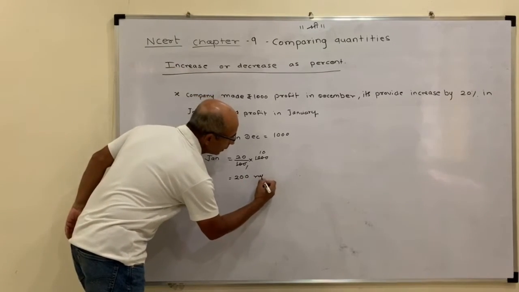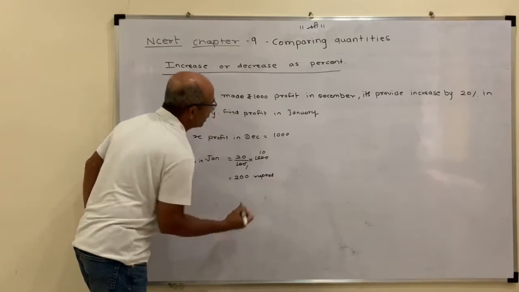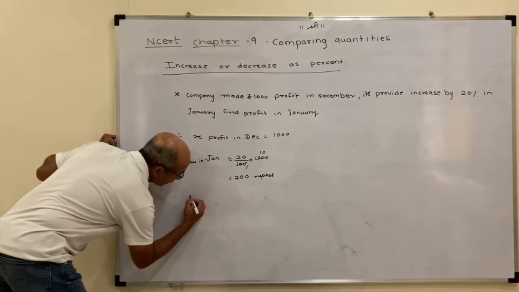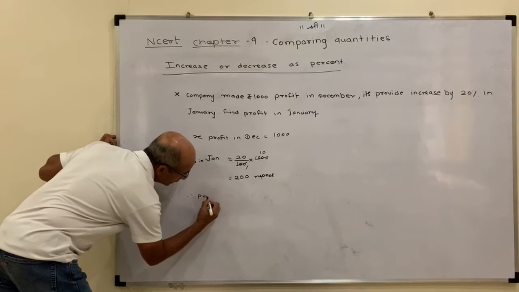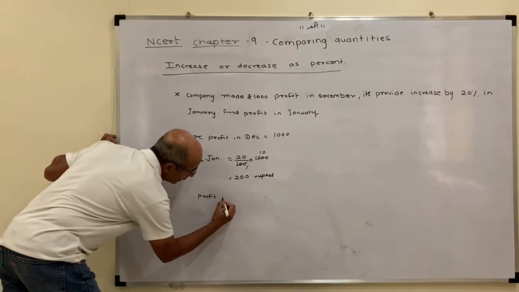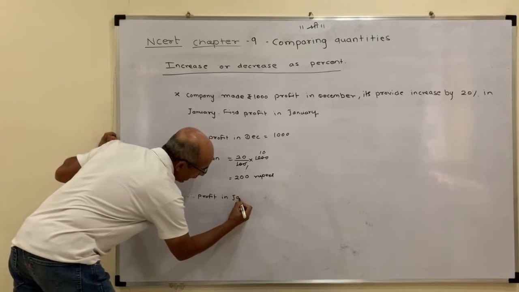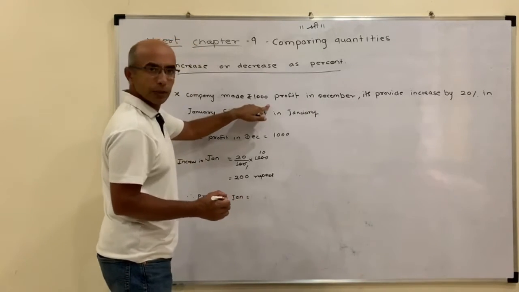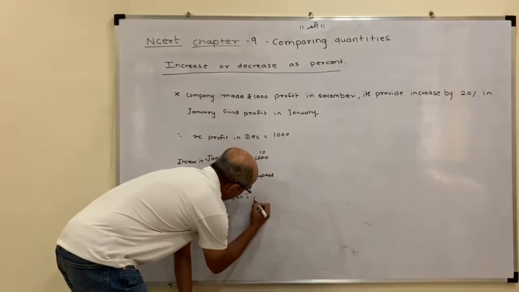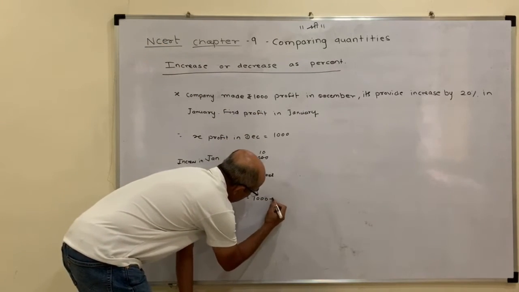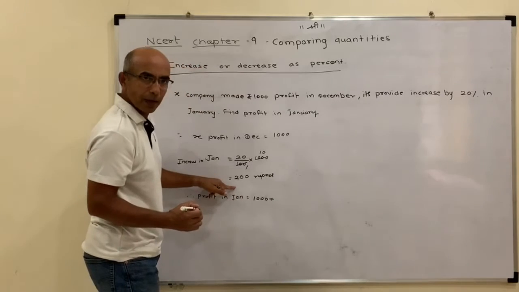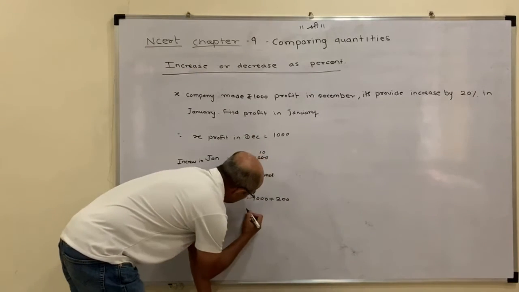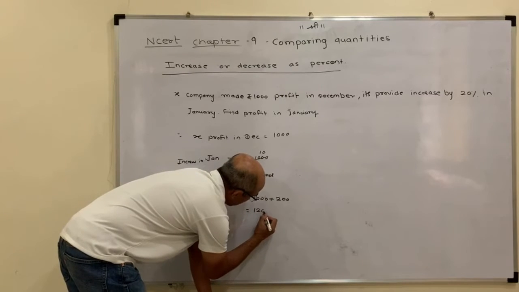Now how much profit it made in January? So profit in January equals what profit it made in December, 1000, plus how much it increased by, 200, that is equal to 1200.